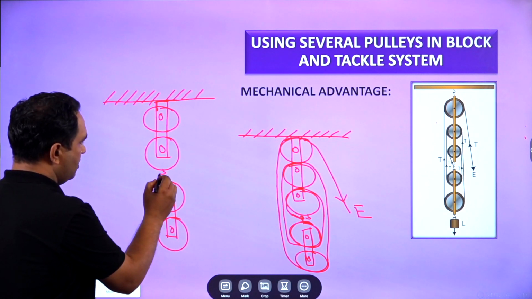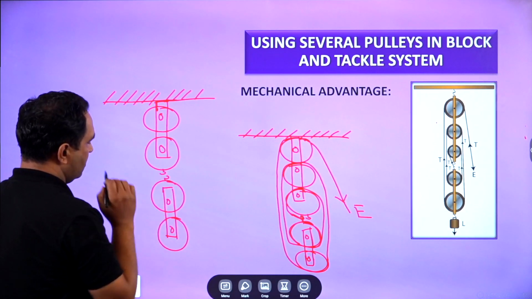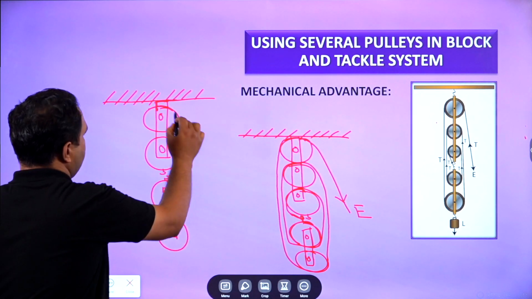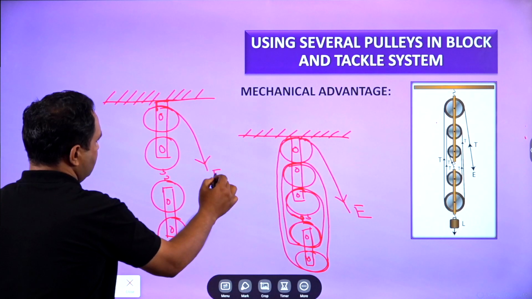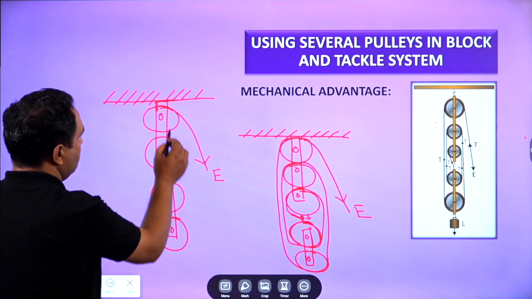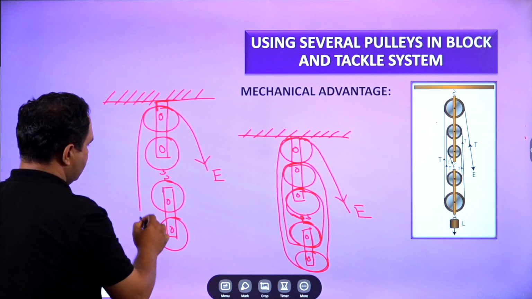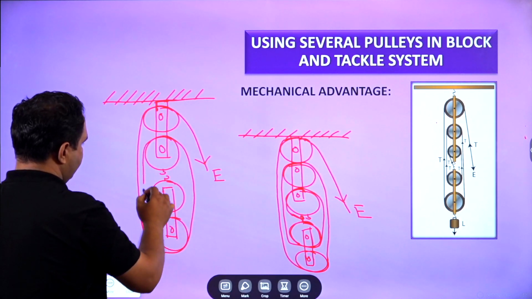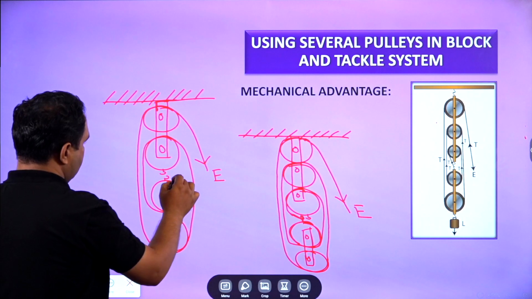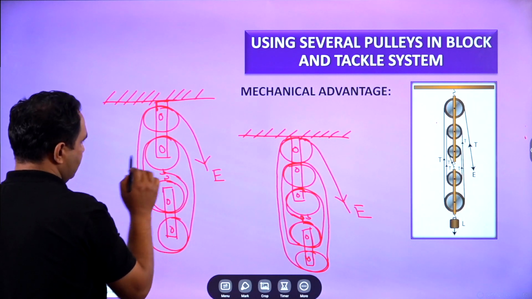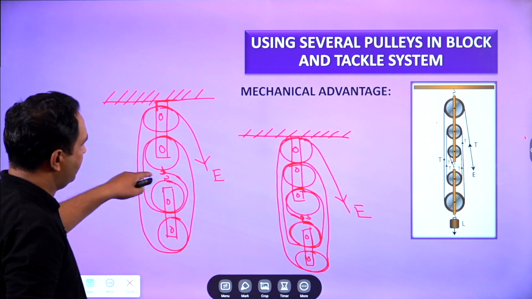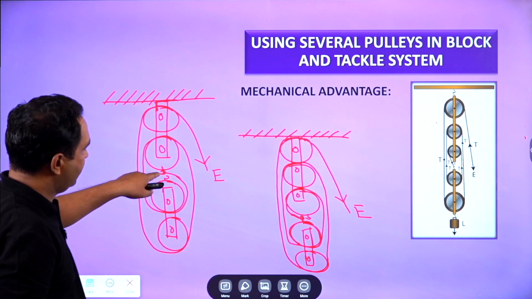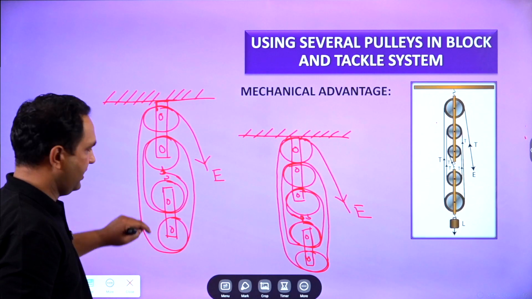This is the hook and this is the hook. Now how will we connect? This is the effort point where we will apply effort, and another part of the rope is here. Then we will move it here, then it will go here, then it will be connected with the hook of the upper part of pulleys, right? With the hook of the upper part of the pulleys, right?